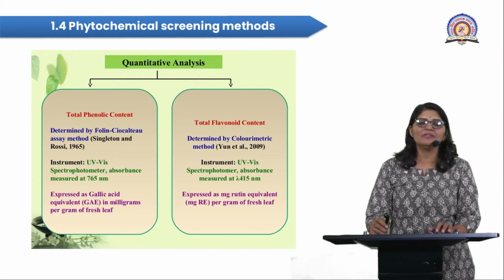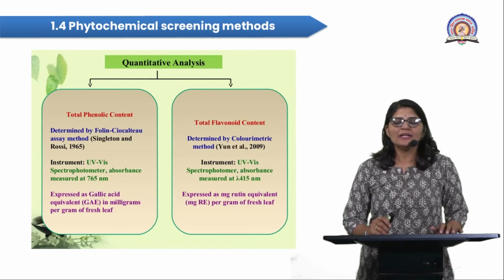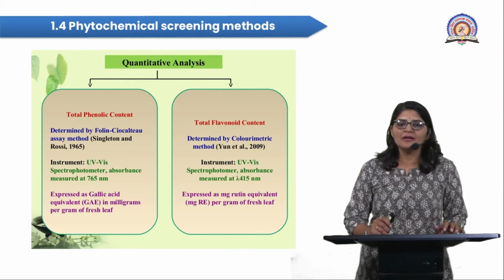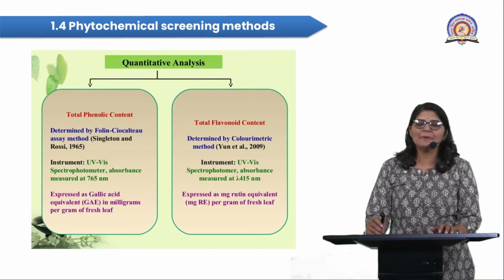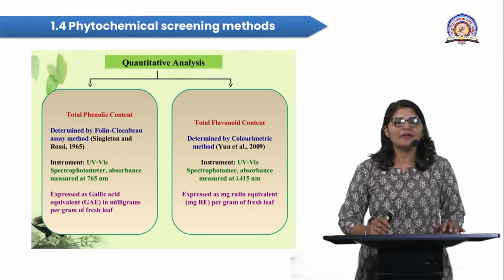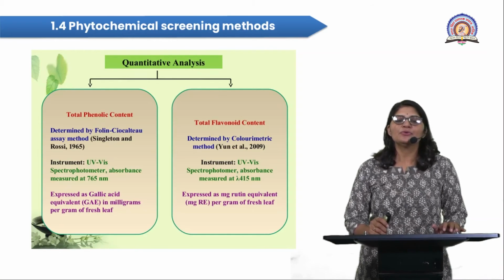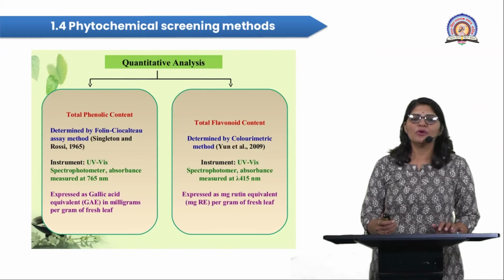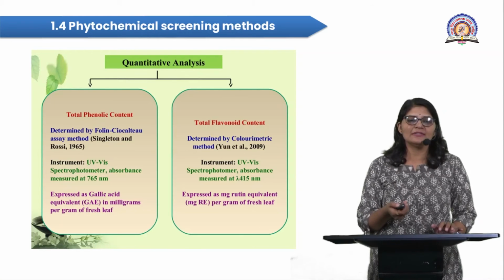For phenolic compound, gallic acid was used as a standard. Then the total flavonoid content was determined by the colorimetric method of Yan et al. in 2009. The instrument used was a UV visible spectrophotometer, absorbance measured at 415 nanometer, and expressed as mg rutin equivalent per gram of the fresh leaf. This is the quantitative analysis of the phenolic compound and flavonoid content within the crude plant extracts.